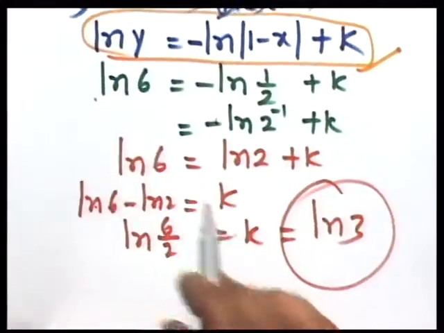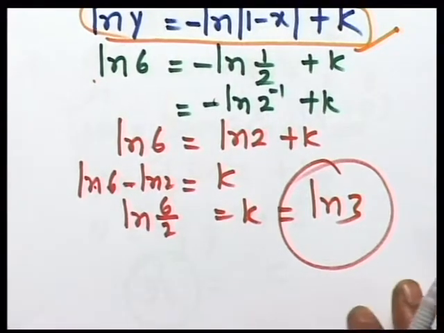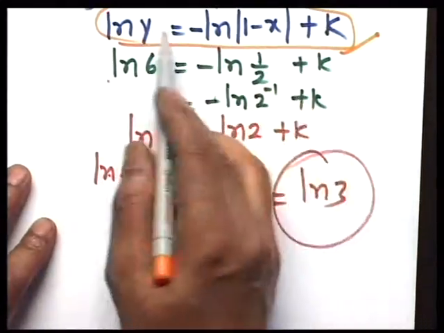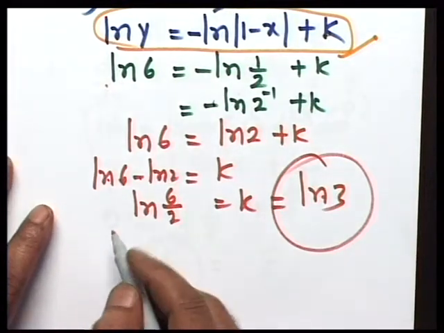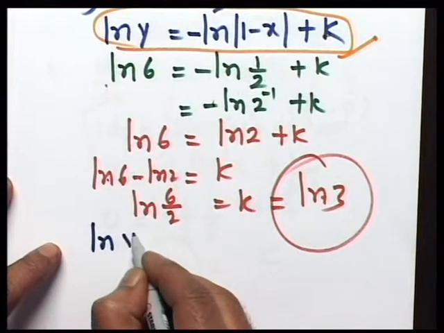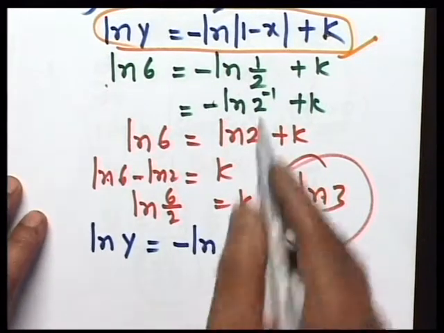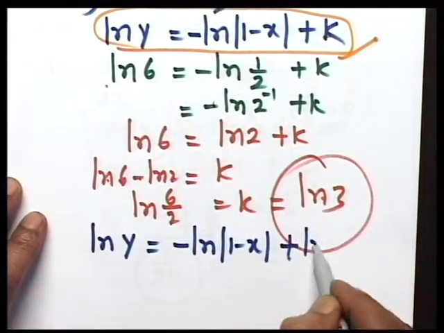So let's just do one question, because this is the first type that we have done. Let me go a little bit back. I'm taking that equation now and I substitute ln 3 there. So I have natural log, watch there, ln y is equal to minus ln(1 minus x) plus natural log 3.